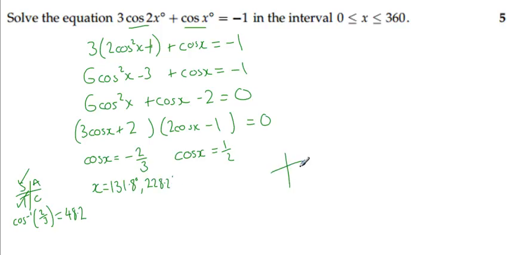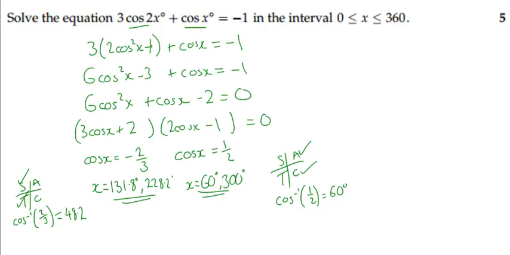Same thing for this strand, we're working with a cos that's positive this time, so we're in quadrants 1 and 4, and we know the inverse cos of a half is equal to 60 degrees. So my solutions here for this strand is 60 degrees in the first quadrant, and in the fourth quadrant 300 degrees.